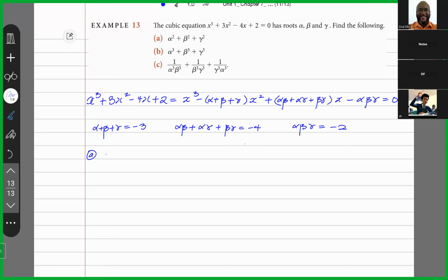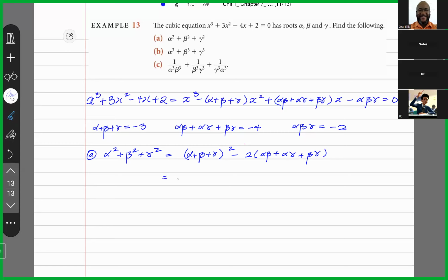A is asking us for alpha squared plus beta squared plus gamma squared. The formula is (alpha plus beta plus gamma) squared minus 2 times (alpha beta plus alpha gamma plus beta gamma).